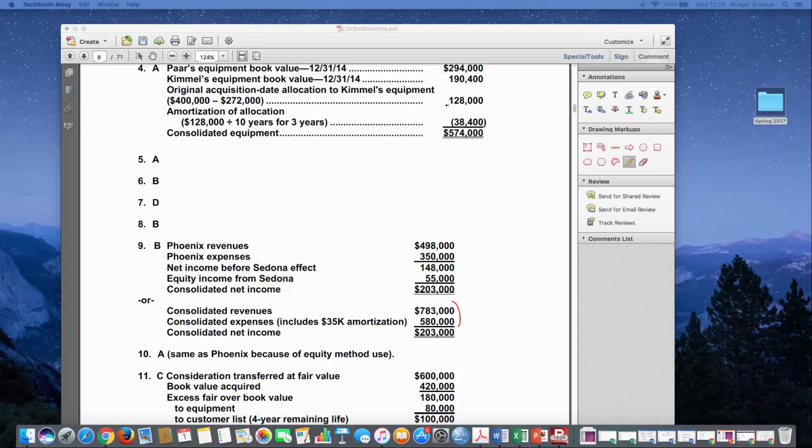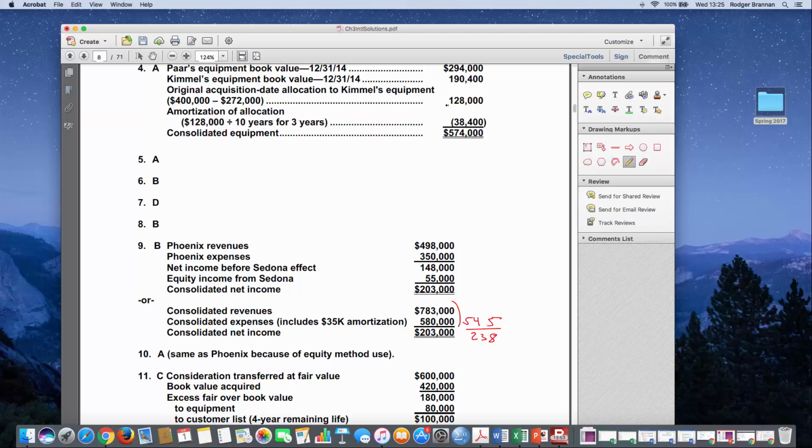Now, let me actually put this a little bit differently. If you take the consolidated revenues, that's equal to 783. The consolidated expenses, in fact, really equal $545,000. Now, if you take 783, subtract 545 from that, you're left with 238.